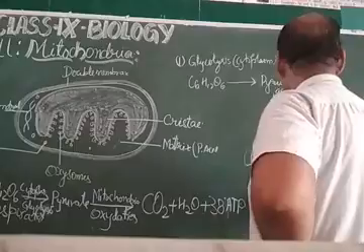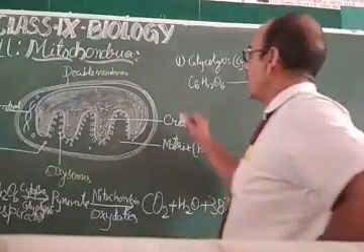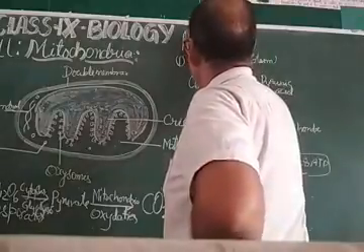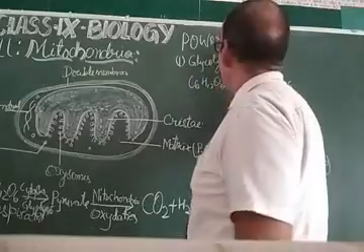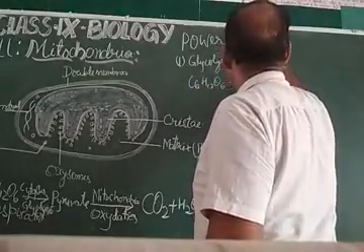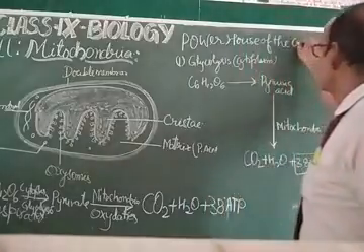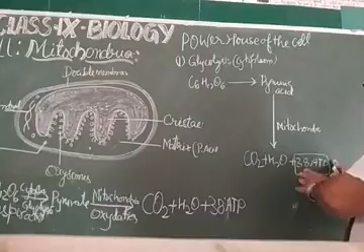Dear students, the release of 38 ATP energy is done by the mitochondria. That is why it is called the powerhouse of the cell. Since it is liberating power, liberating energy in the form of ATP, this is called the powerhouse of the cell.